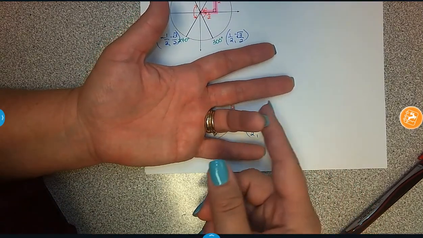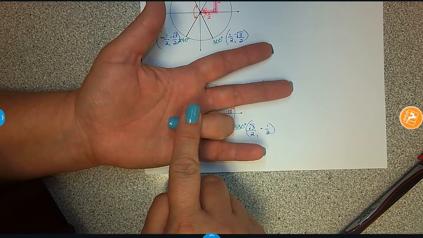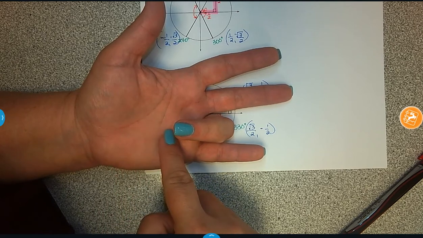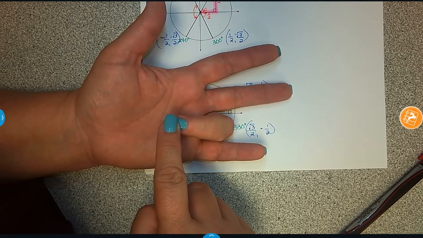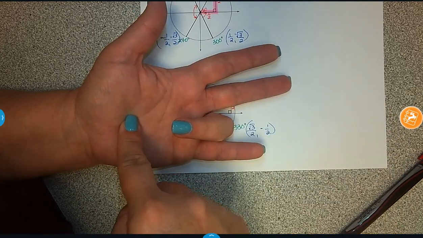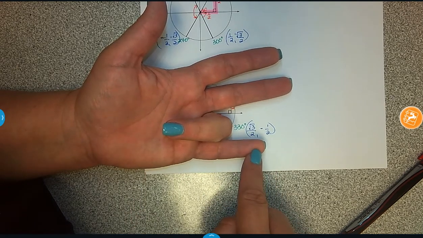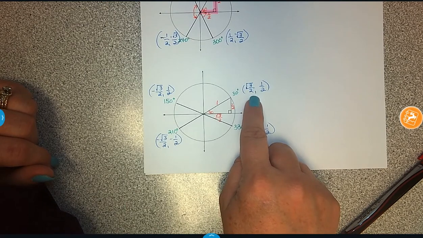So if I go ahead and fold it, remember we do the square root of how many fingers are above over the imaginary 2 that's written in my palm. This folded finger acts as a comma. So if I do square root of 3/2, comma, the square root of 1 is 1/2. Guess what? That is my ordered pair for 30 degrees.